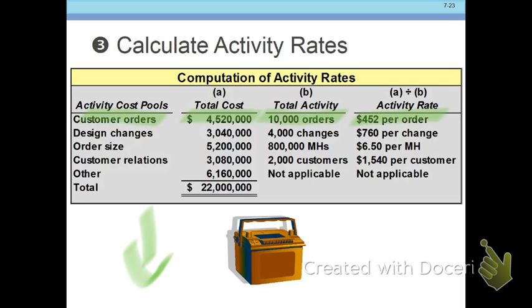So what they say is that their activity rate is it costs $452 to process an order. Okay, for design changes, it costs $760 every time you ask for a design change. $6.50 per machine hour based upon the size of your order. Customer relations were $1,540, and there were $6 million in costs that couldn't be allocated.